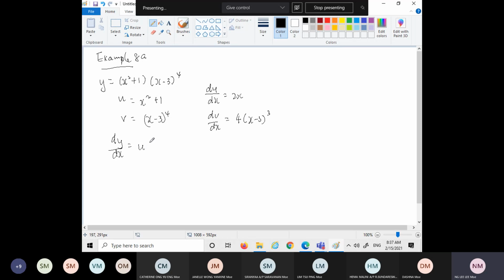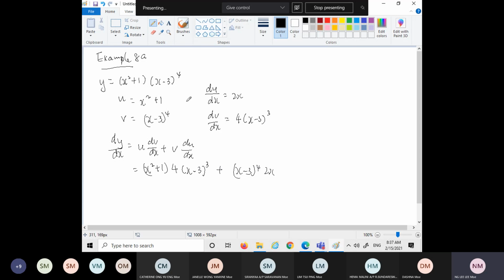u dv/dx plus v du/dx. First, u is this, just write back u, x squared plus 1. This is dv/dx, so 4 (x minus 3) power 3. v is this, (x minus 3) power 4, and du/dx is 2x.